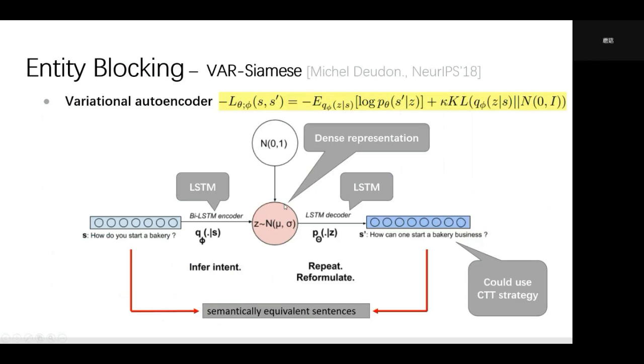There are also some papers that, instead of using the original autoencoder, such as VAR Siamese, use the variational autoencoder to improve generalization. For two sentences that are semantically equivalent, we use a variational encoder to generate the dense representation Z, which is the embedding of the tuples.